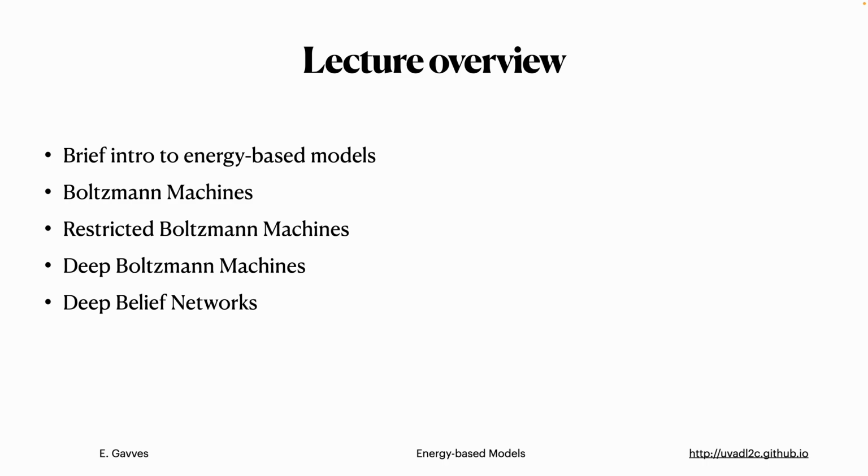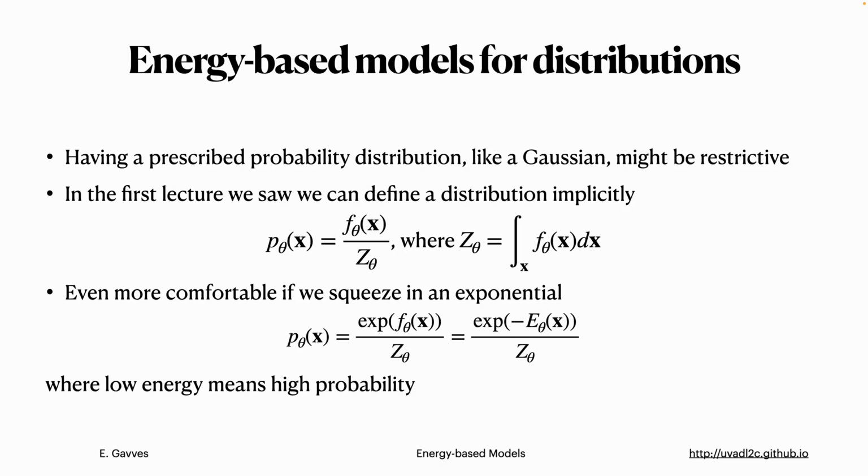Now, these were early energy-based models. In the next lecture, we're going to see also score-based and diffusion models, which are basically advanced variants of these early models. Energy-based models for distributions have a great advantage: they are very flexible in the types of shapes, the types of distributions that they can capture.